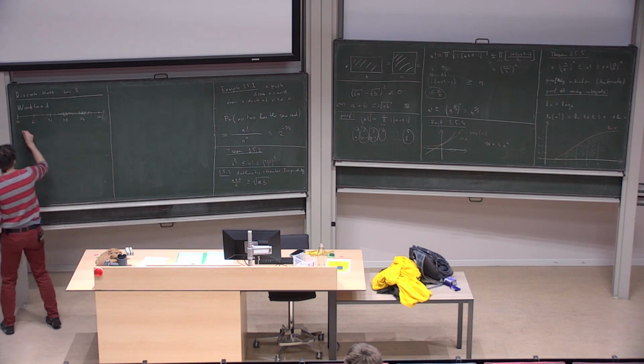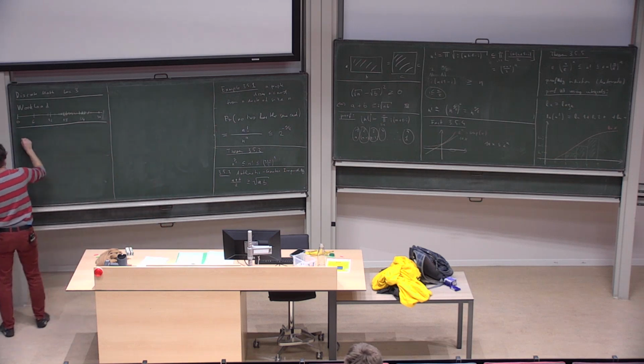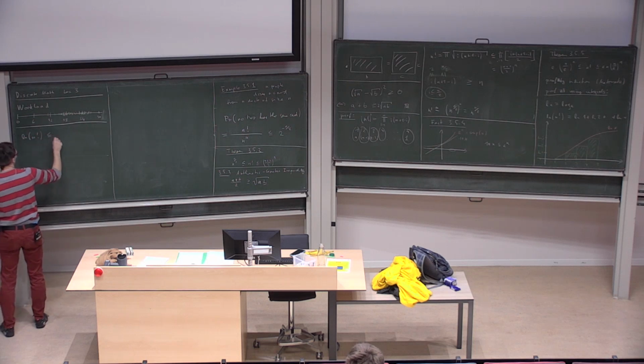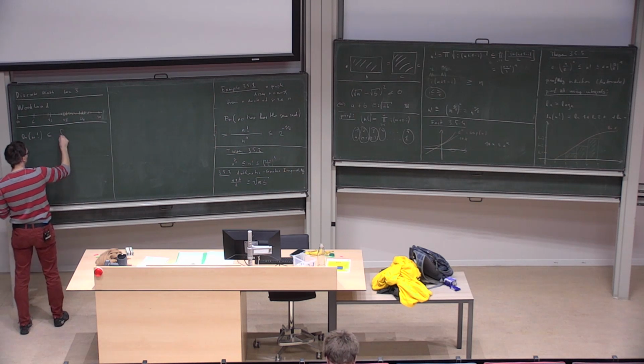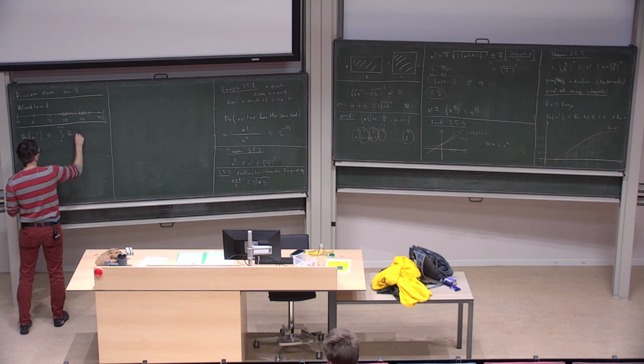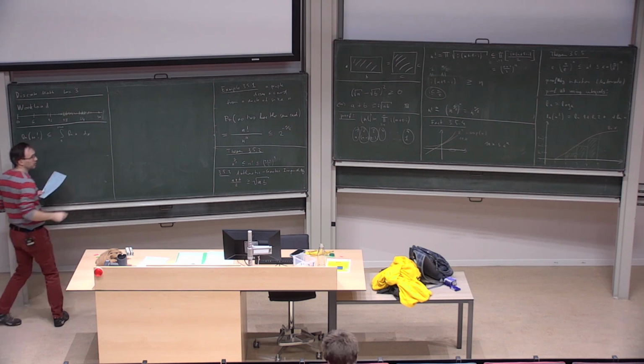And then we see that ln n factorial is upper bounded by this integral from 1 to n plus 1 of ln x dx.